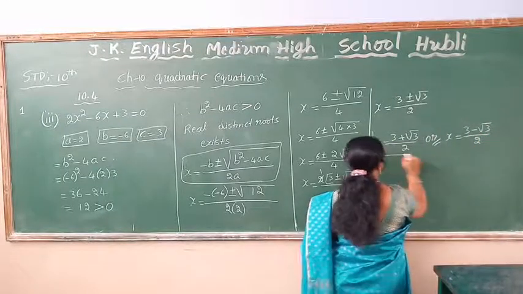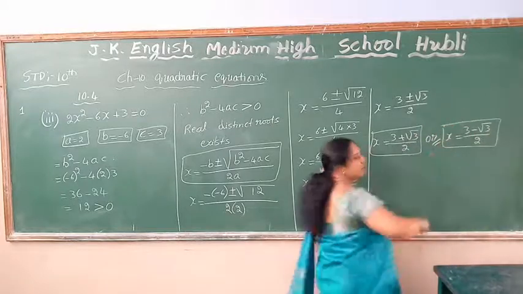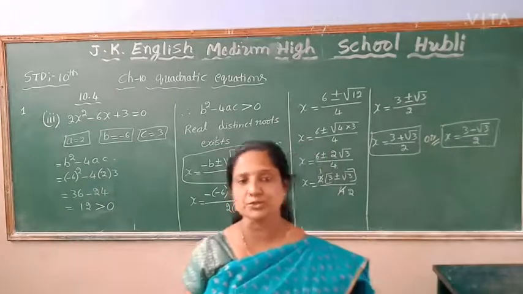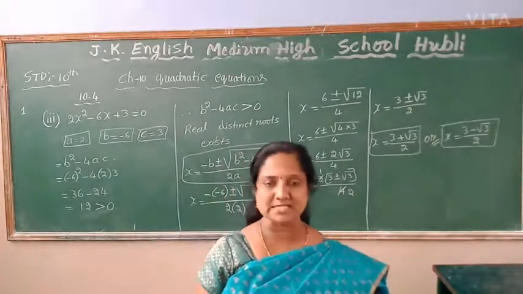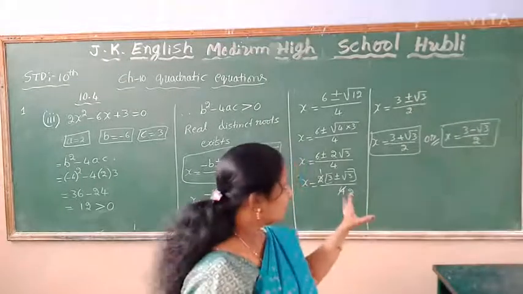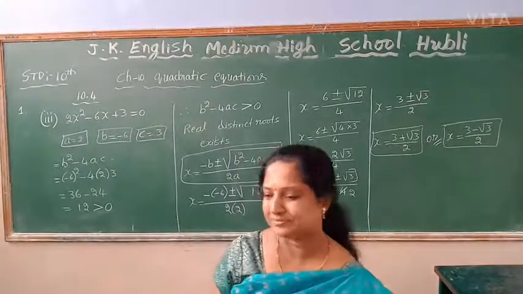So these are the two real distinct roots. Okay children? Here I got b square minus 4ac value greater than 0. So real roots exist but they are distinct. So then by using the formula I have to find out the roots of the quadratic equation. Children, write down.